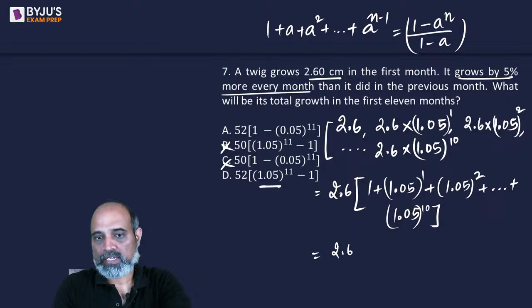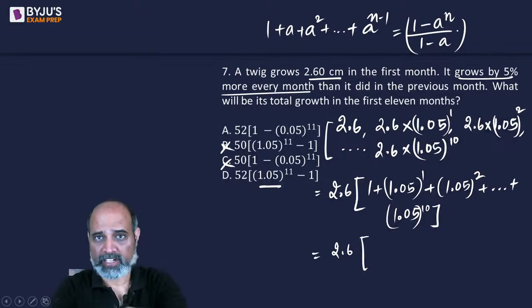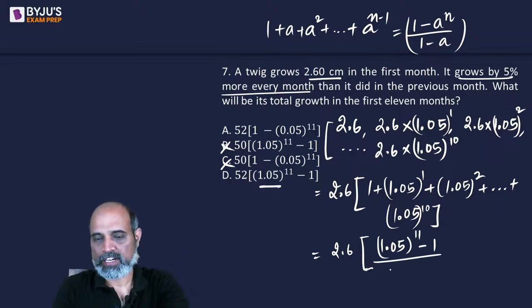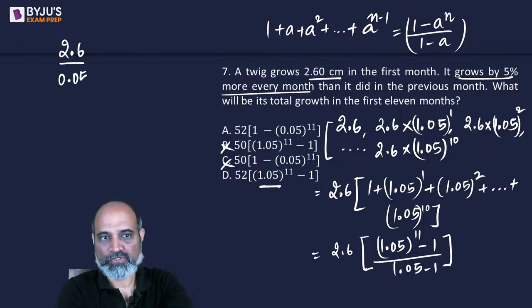So 2.6, and then this can be written as, if A is greater than 1 तो आप numerator denominator interchange कर सकते हो या वैसे ही छोड़ सकते हो, कोई दिक्कत नहीं है. So 1.05 का power 10 available है, तो this will be 11 minus 1 divided by 1.05 minus 1. Now this makes sense. So we'll have 2.6 divided by 0.05 into 1.05 whole to the power 11 minus 1.